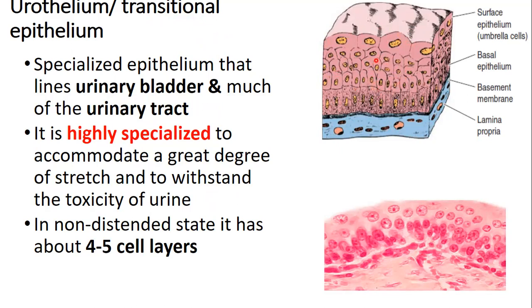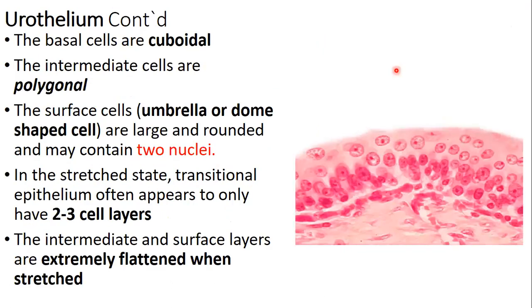So at this stage, the bladder is empty. When the bladder is empty, the bladder shrinks in size, and the layers are 4 to 5. But when the bladder is full, the layers are 2 to 3. They seem to drop in number, 2 to 3.